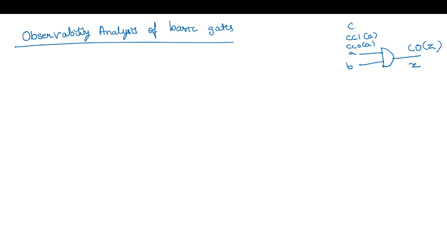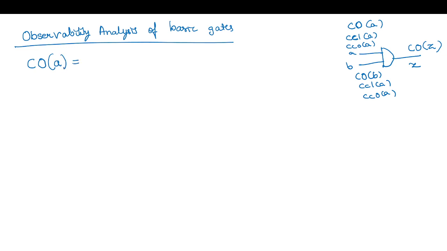This was the combinational controllability. Now the combinational observability of A will be with respect to the observability at Z and the combinational controllability at B. Previously, we have seen controllability 1 and controllability 0 for this. So how easy or difficult is it to observe A here?